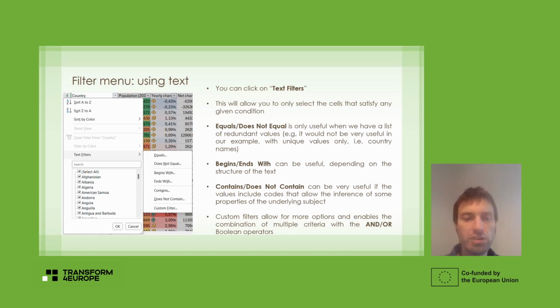Okay. So then you have the option, as you can see, to also click on custom filters. And this will enable further, more advanced filtering options. And in particular, it will allow you to combine multiple filtering criteria, okay, together with the so-called Boolean operators. What are Boolean operators? Well, this is very simple.